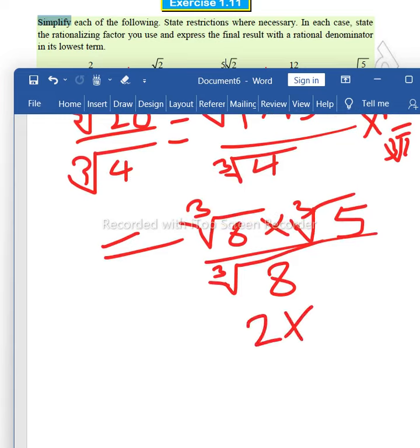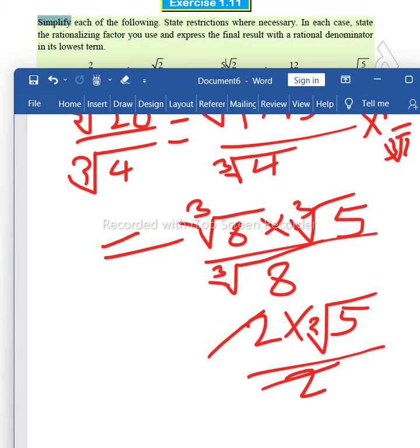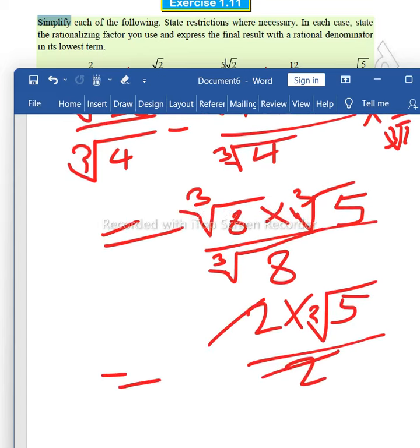The numerator is 2 times cube root of 5, and the denominator is 2, so 2 divided by 2 is 1, and we get the final answer of cube root of 5. So we can do it like this too.